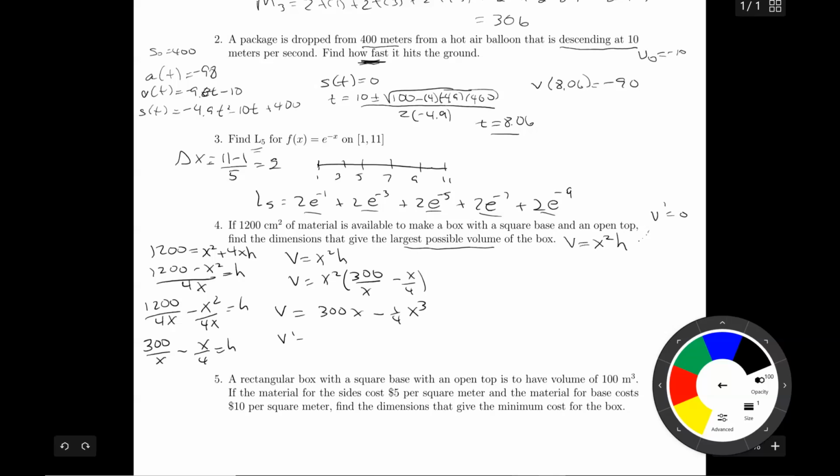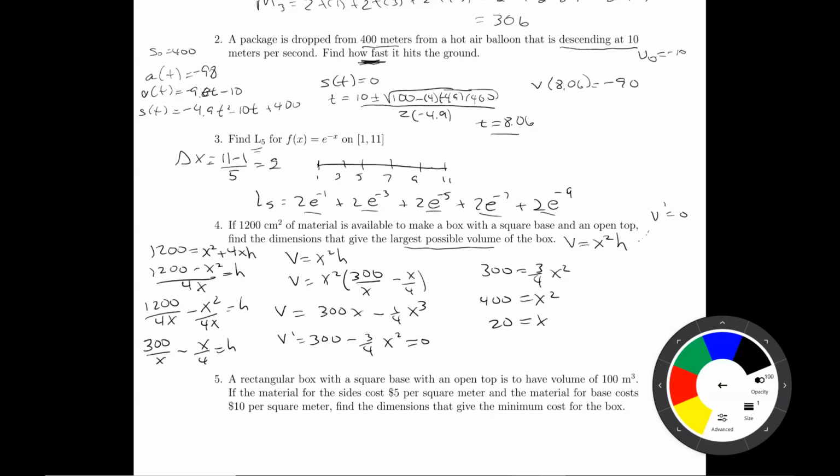Now I'm ready to take the derivative. 300 minus 3/4 x squared, set that equal to 0. So 300 is 3/4 x squared. So 400 is equal to x squared. So 20 is equal to x. So how do I find the h?